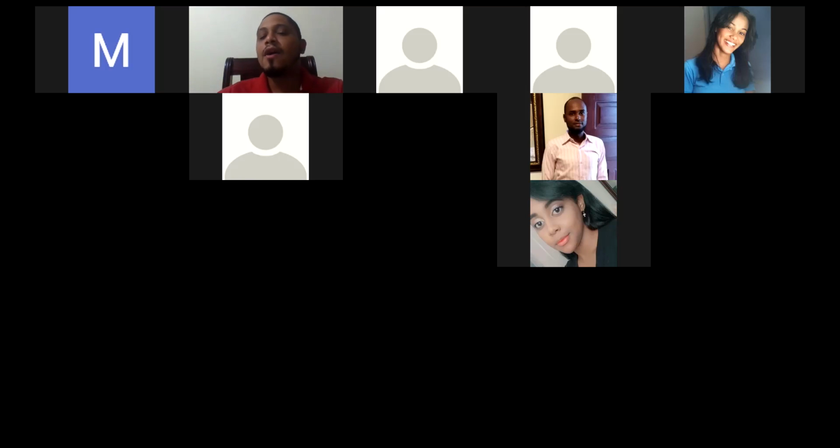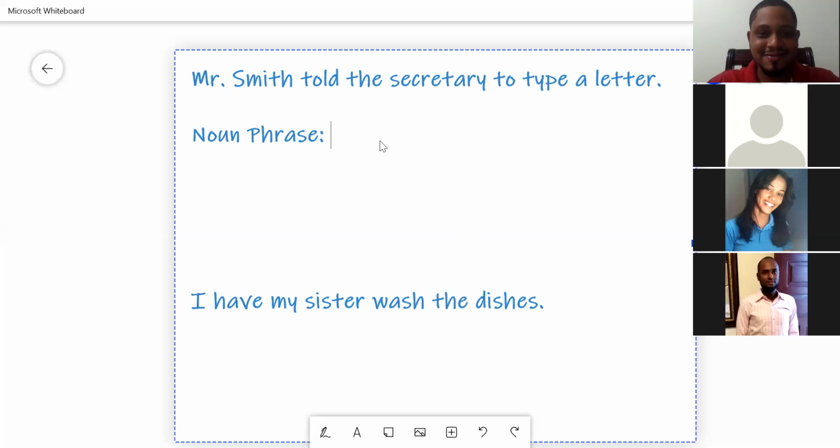Okay, now check this. So a noun phrase. Can you see it? You cannot see it. Oh, okay, very good. What about now? I guess you can now, right?